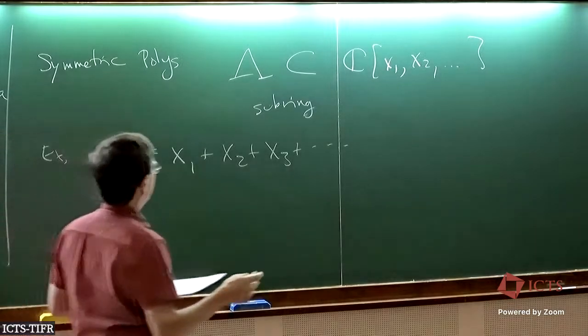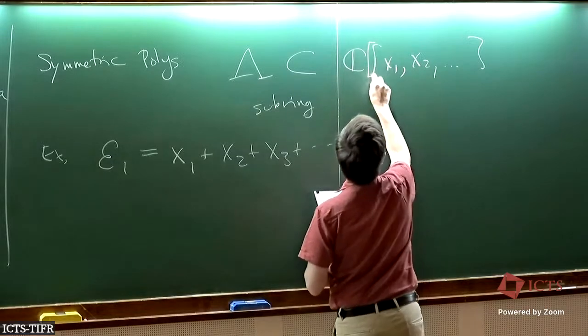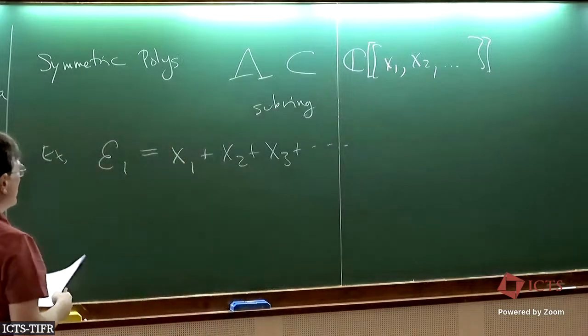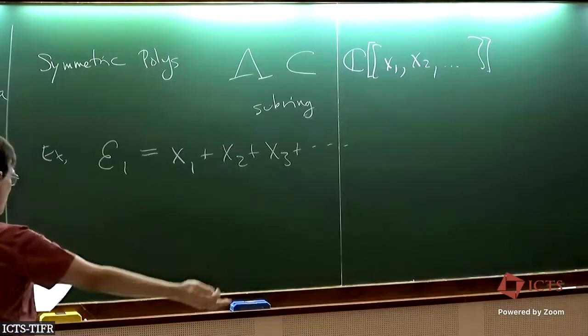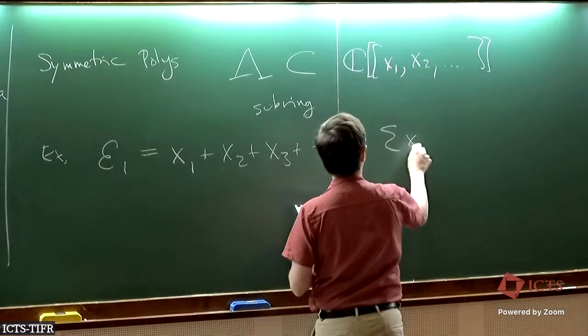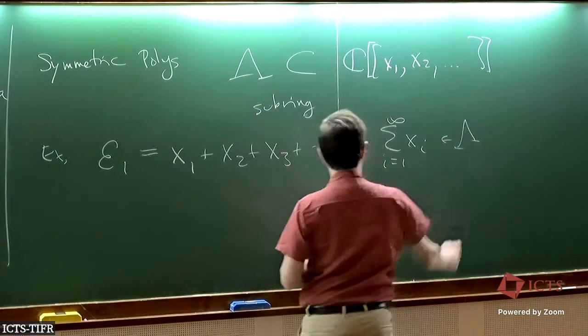I guess I can think of this as a power series. So for example, I could take the sum of everything, and I might write that as the sum of xi, i equals 1 to infinity, inside lambda.